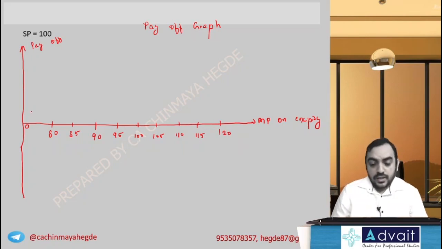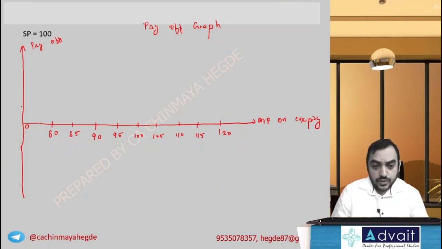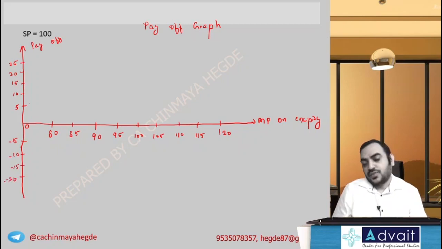For the payoffs, we have increments of 5 rupees each: 5, 10, 15, 20, and 25 on the positive side. Here also minus 5, minus 10, minus 15, minus 20.